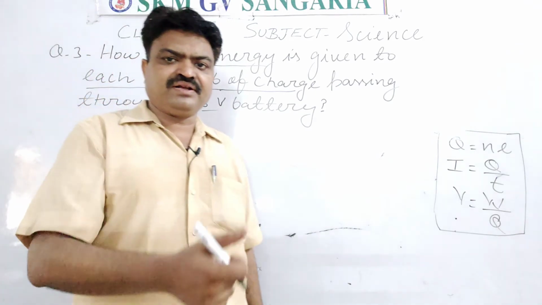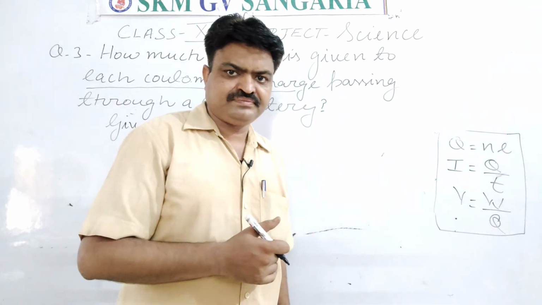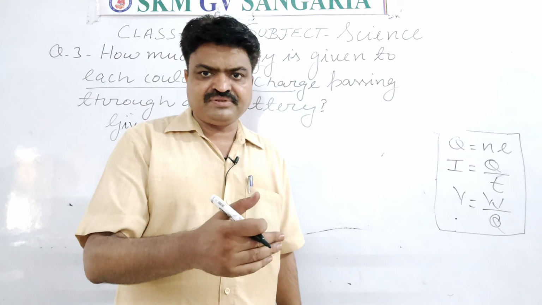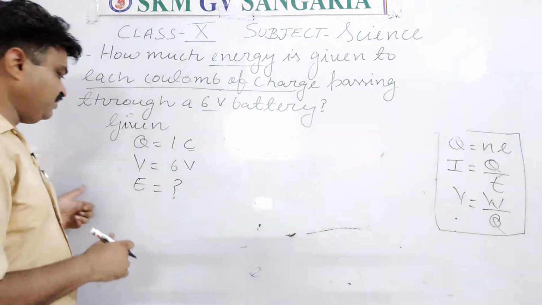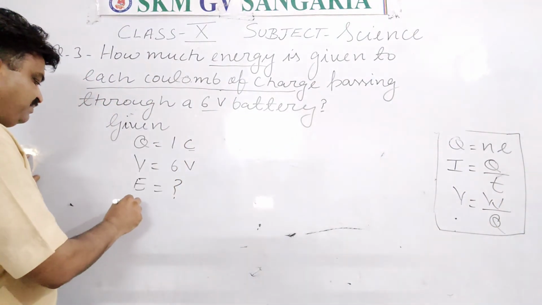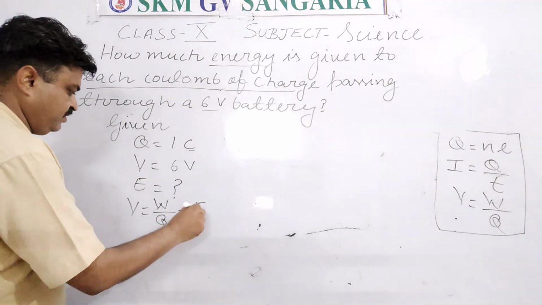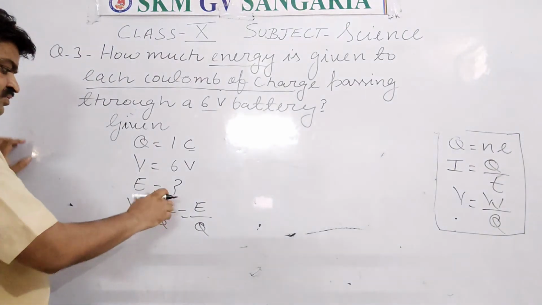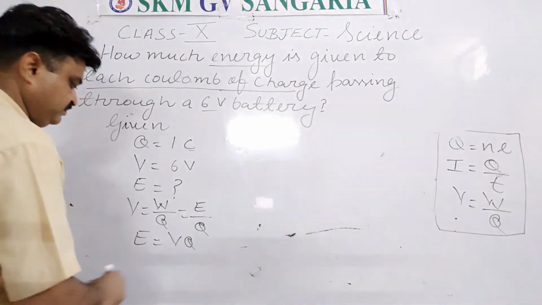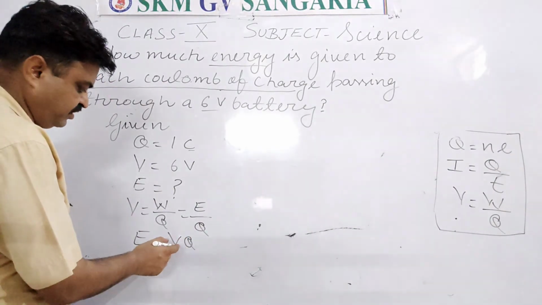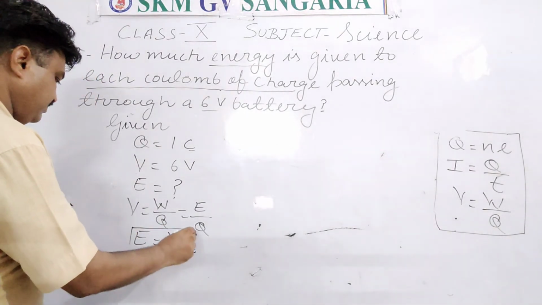Now, in the place of work, you can also write another definition, that the energy per unit charge through a conductor is known as electric potential. So, the formula that you will use here is V is equal to W upon Q or E upon Q. So, E for energy will be equal to V into Q, V for electric potential, Q for charge.